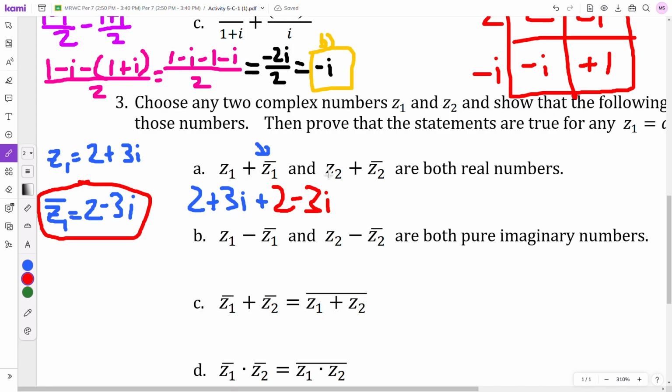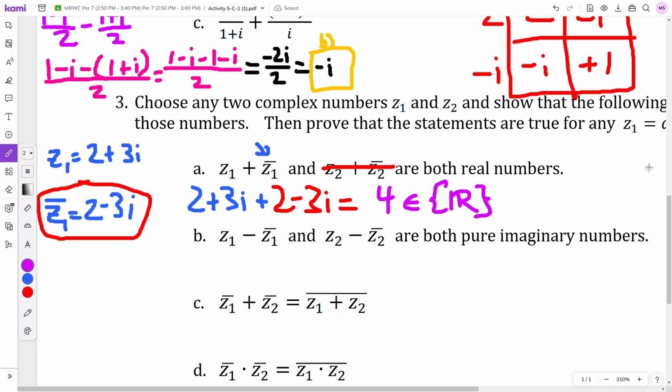I'm not going to worry about the other one for now. If I add that, I add the real parts. The real parts are going to give me 4, and the imaginary parts are going to add up to 0. So this is a real number.